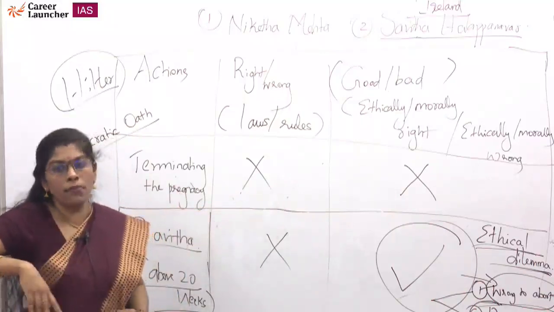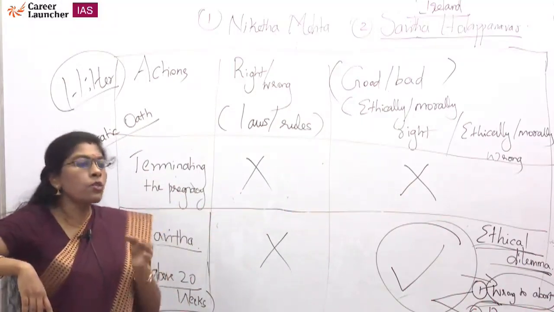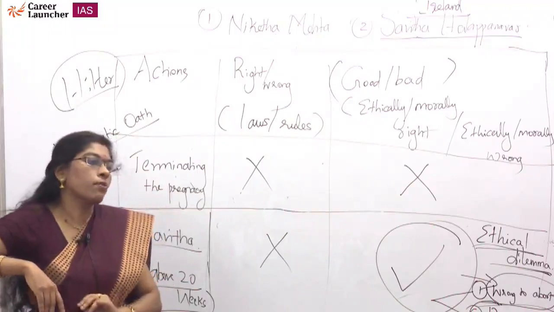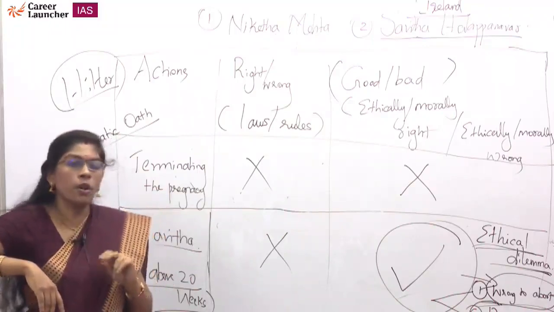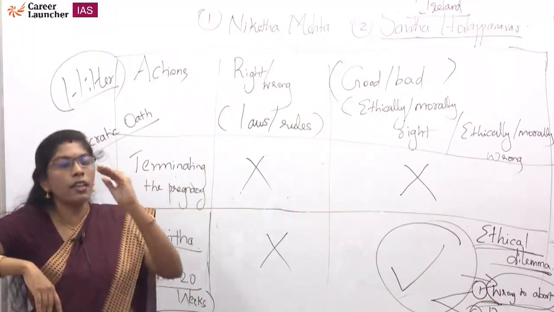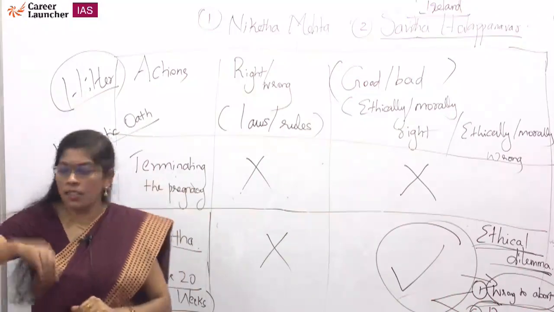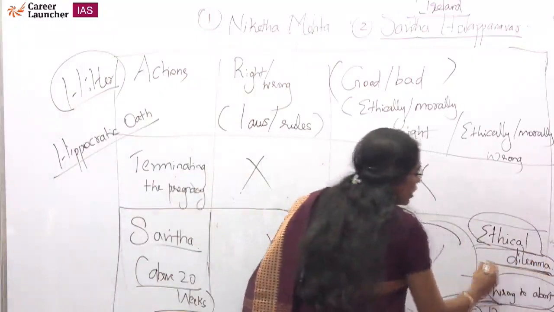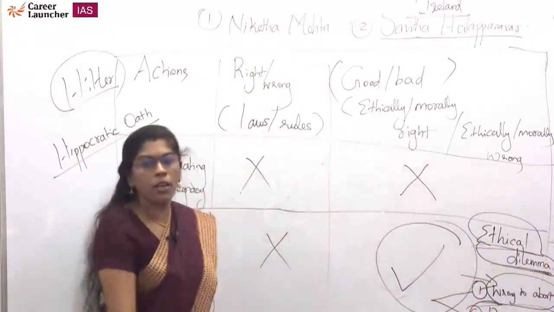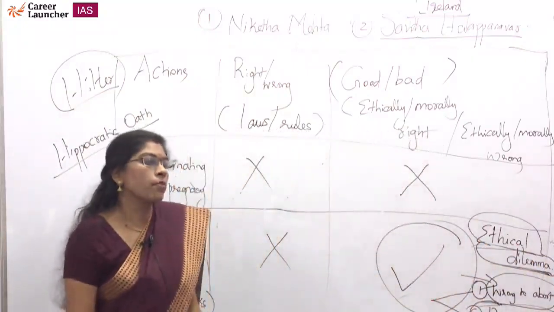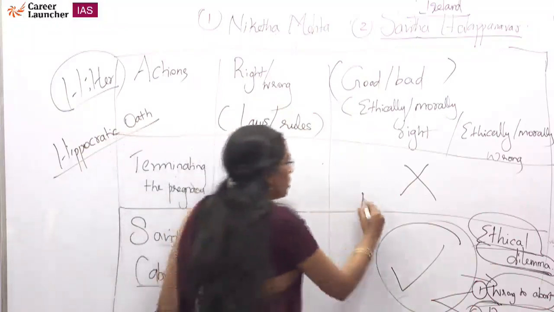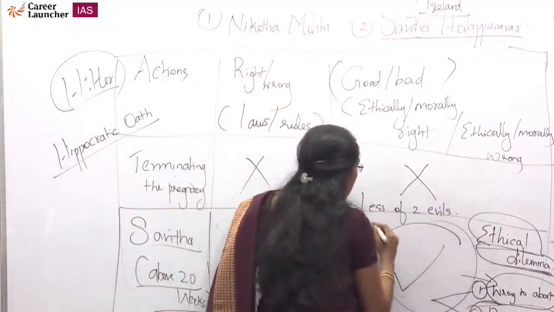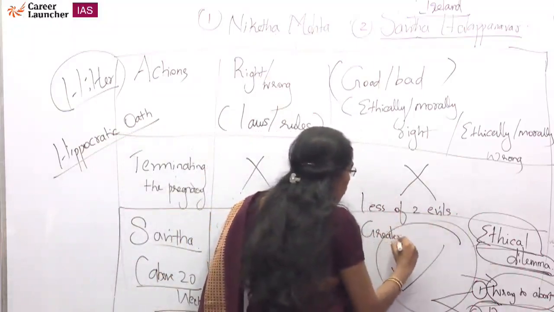Both are equally justifiable. So which one you choose is based on choosing the lesser of two evils. When you are making a decision, you have to choose the lesser of two evils or the greater of two goods. Do you understand? Whenever an ethical dilemma comes up in your case study, because all the cases they give will come as ethical dilemmas, you have to choose the lesser of two evils or the greater of two goods.